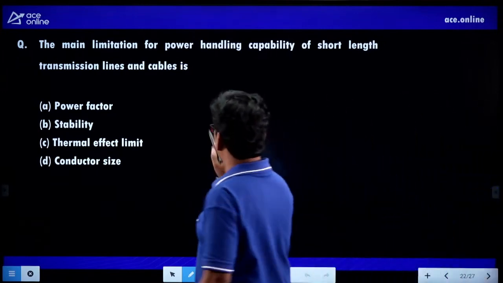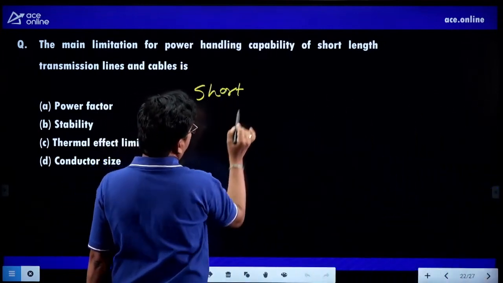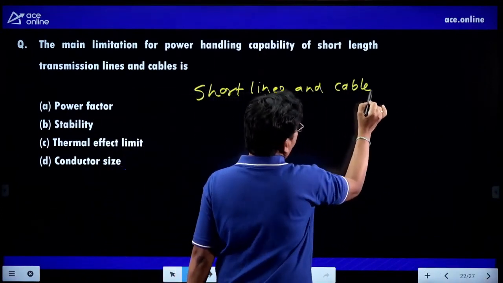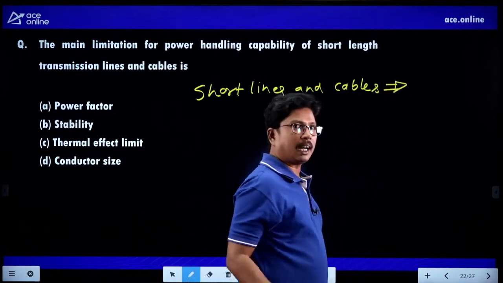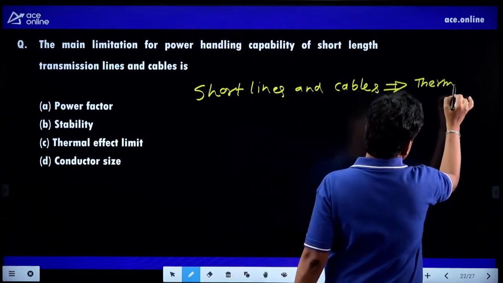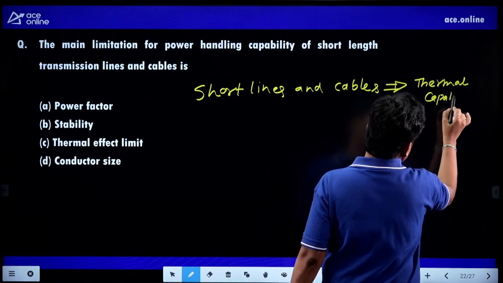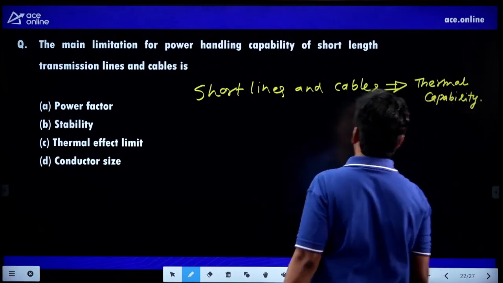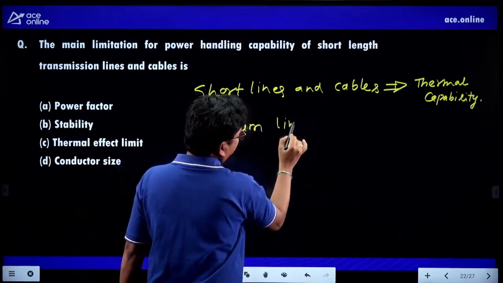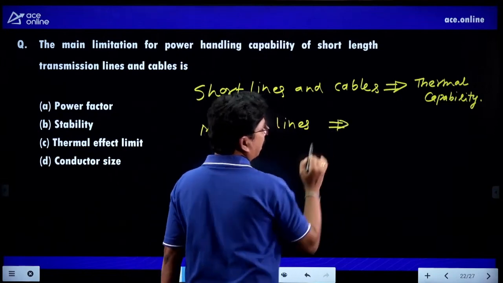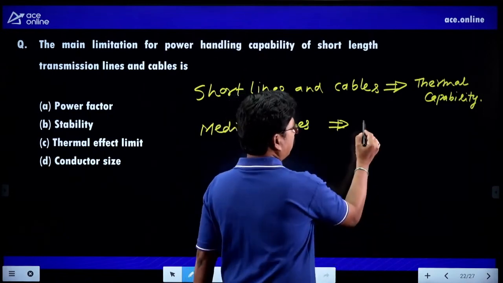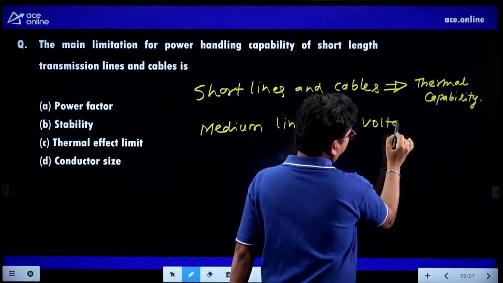So in case of short transmission lines and cables, the power handling capability or loading capability can be reduced by thermal effects, thermal capability. Whereas in case of medium lines, the loading capability will be reduced by voltage drop limits.